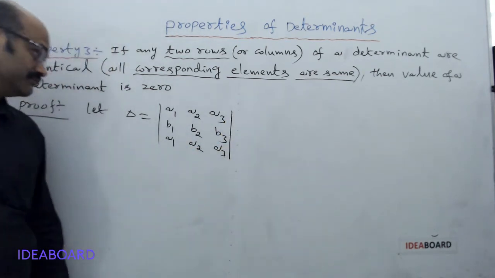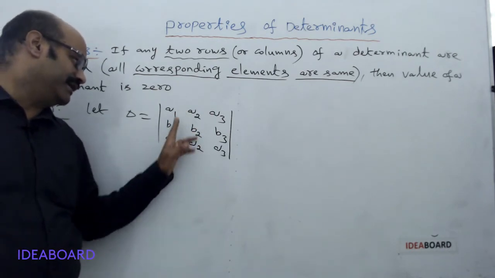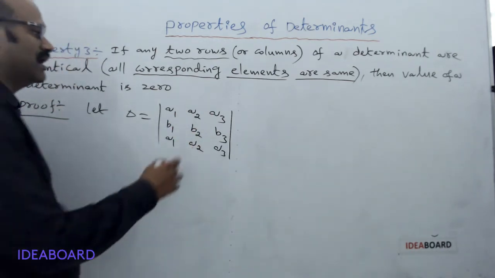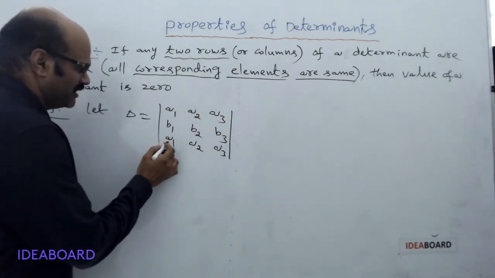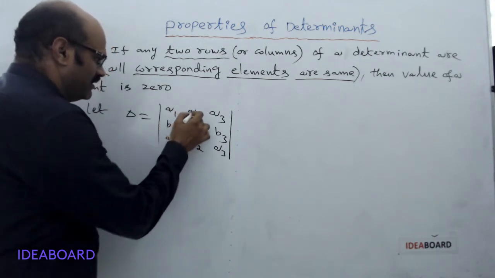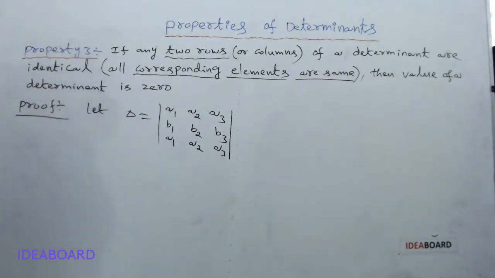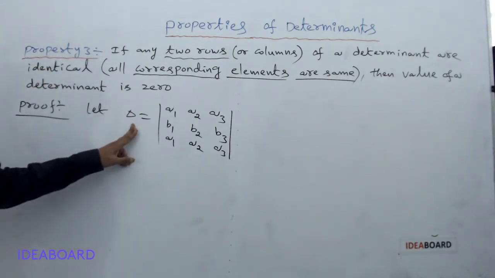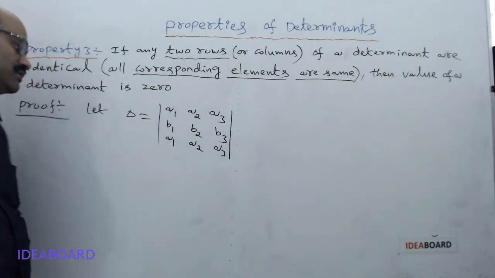Now here R1 and R3 are identical. In R1 we have A1, A2, A3. In R3 we have A1, A2, A3. Corresponding elements are the same: A1, A1, A2, A2, A3, A3. So here we have to find the value of this.